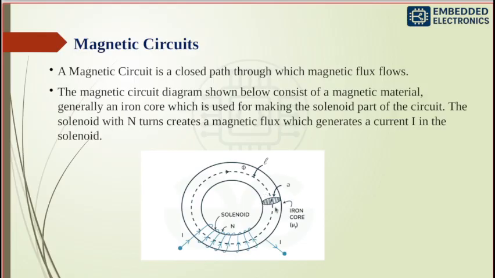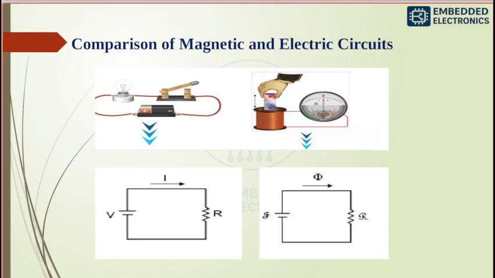It is used for making the solenoid part of the circuit. The solenoid with N turns creates magnetic flux, that is phi. It carries the current I in the solenoid. So this is the current I. So this is about the magnetic circuit.